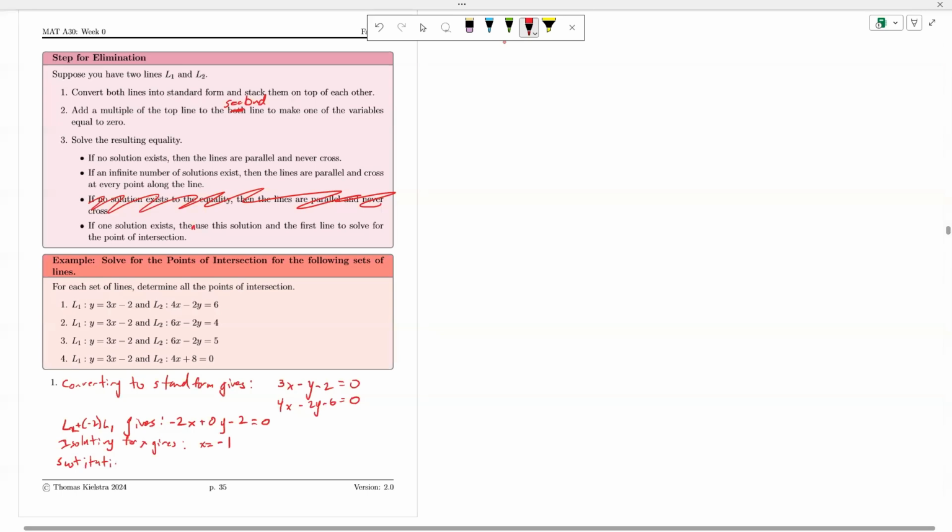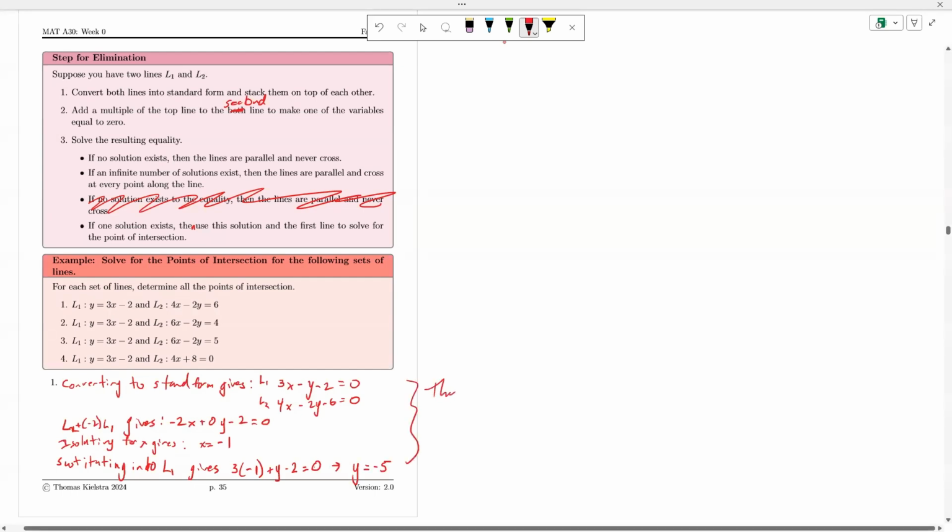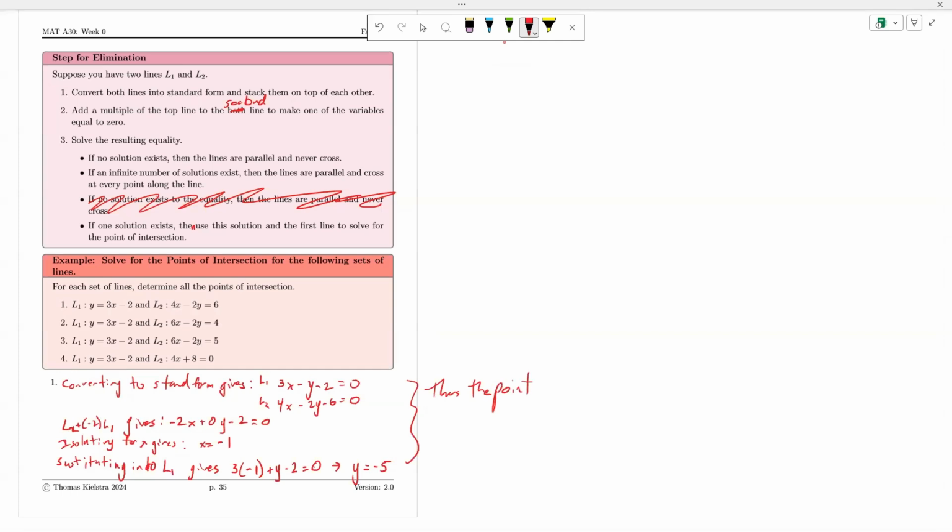Substituting into L1, remember this is L1 and this is L2, gives 3 times minus 1 plus y minus 2 equals 0, which implies that y equals minus 5. Thus, the lines cross at (minus 1, minus 5).